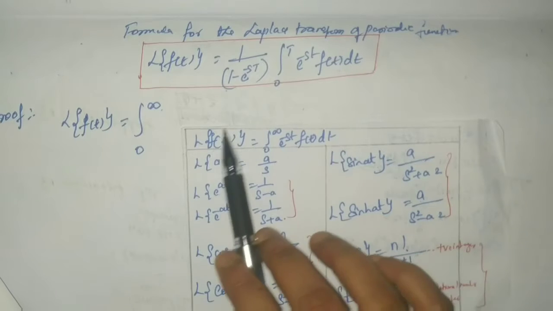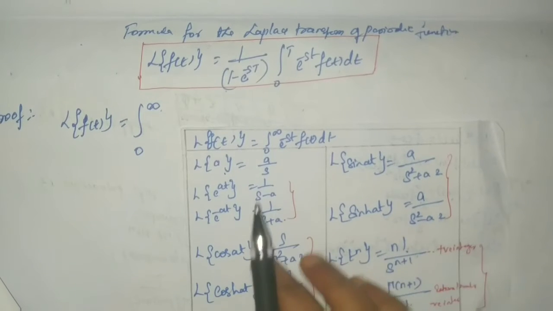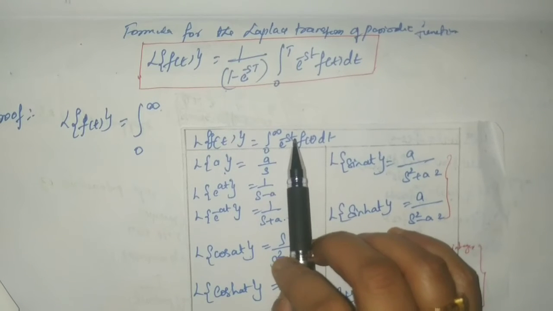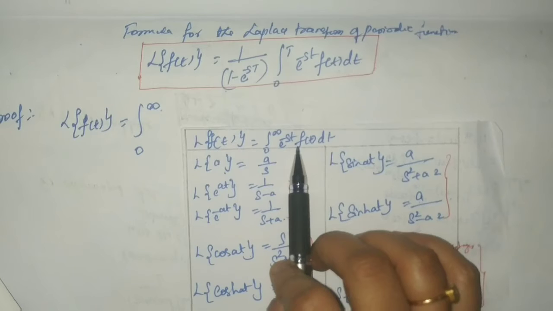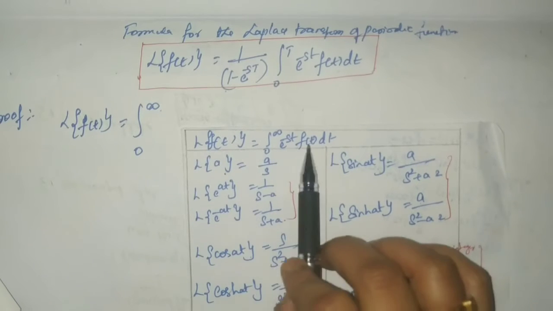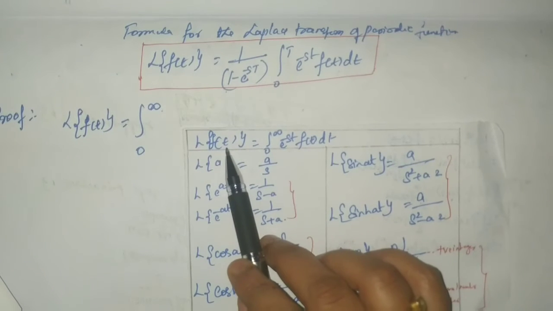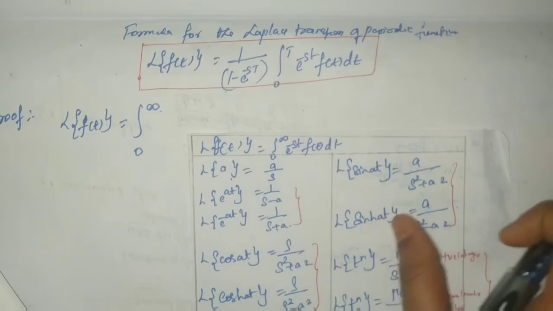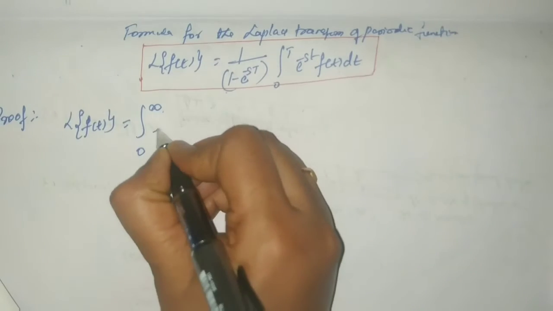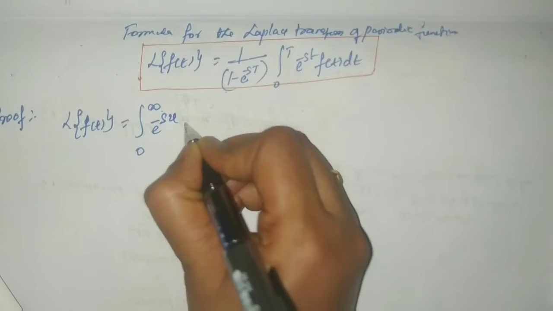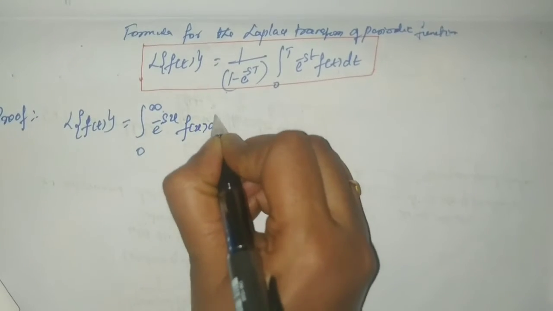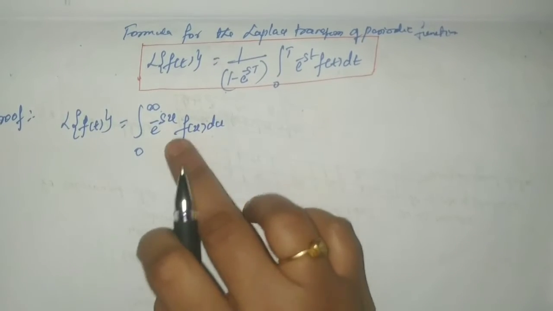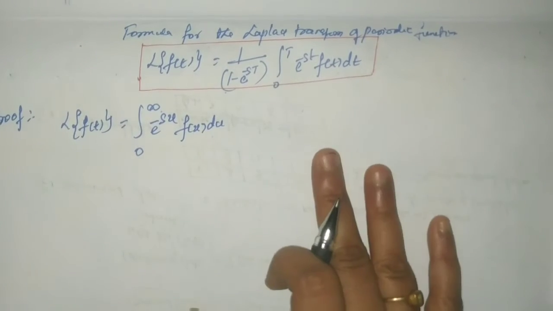This is our standard definition, but instead of t I am using the variable u, and I'll tell you why. So it is e power minus su f of u du.